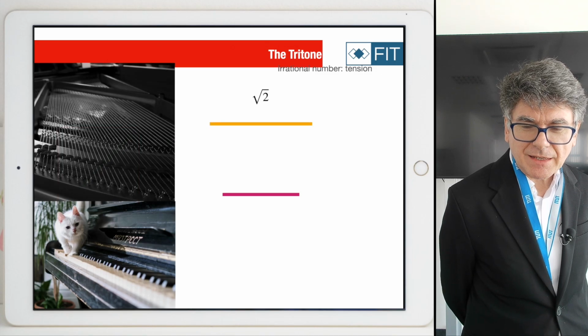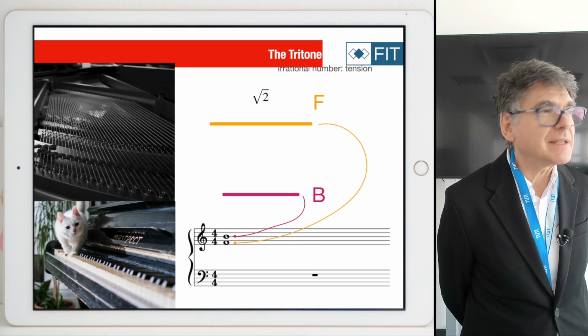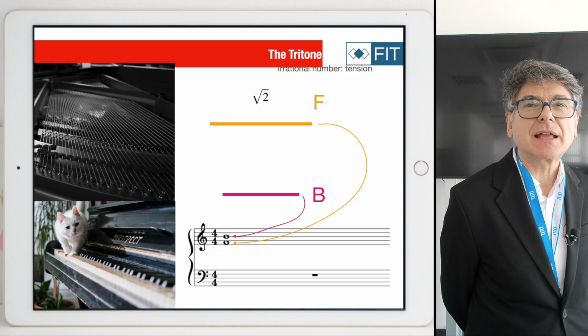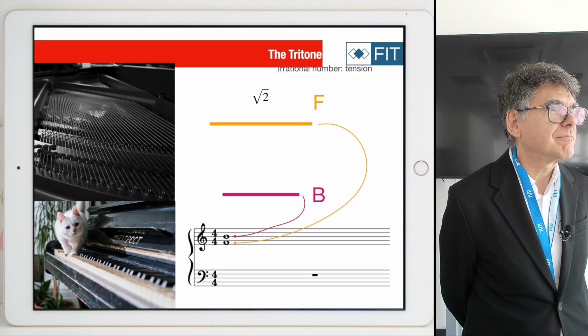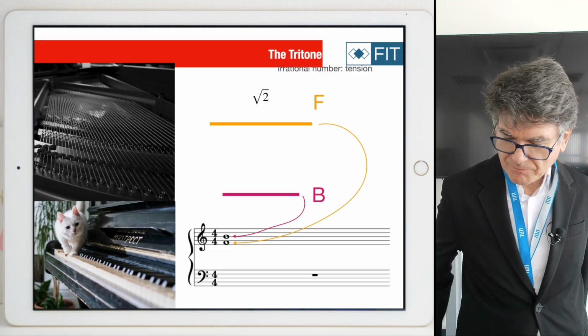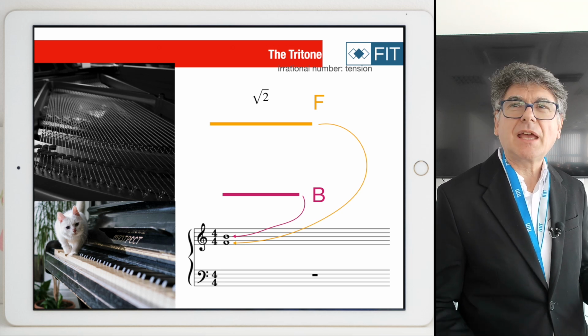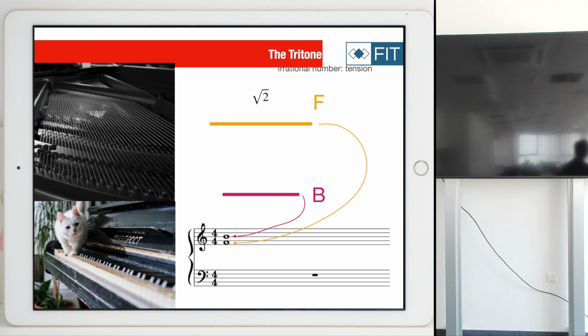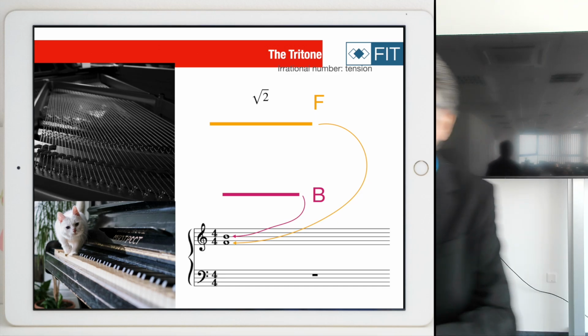And I don't know if you know music, but this is the chord that the square root of 2 makes. Anybody knows music here? No? I'm going to play the piano for you.